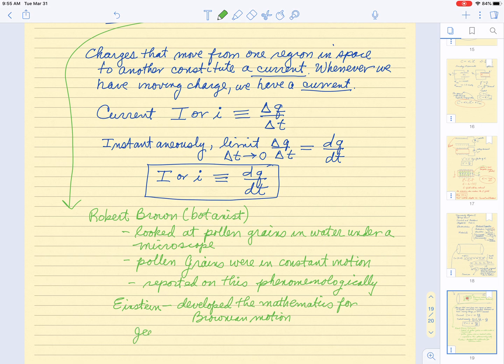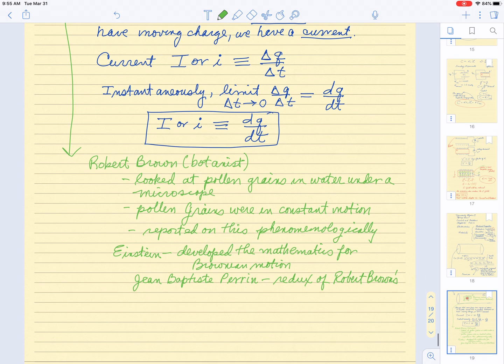His name was Jean Baptiste Perrin. So he actually did a redo of Robert Brown's experiment.